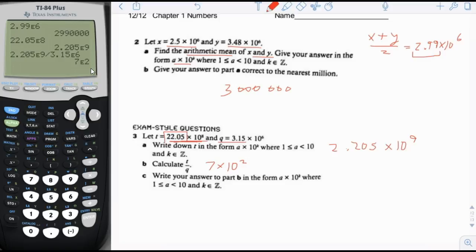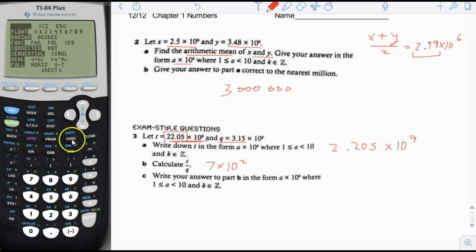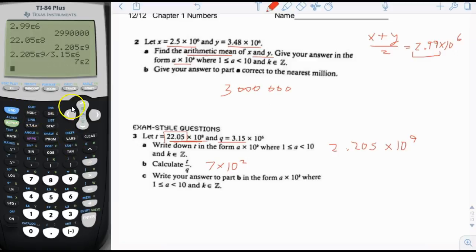Okay, I already wrote my answer in that. Well, what is this in not scientific notation then? I'm going to change it back to normal, and then I'm going to see, okay, what is this in regular form? It's going to be 700. So here we've written the answer to B in both normal mode and scientific notation mode. Okay, because it asks for it in scientific notation mode here.